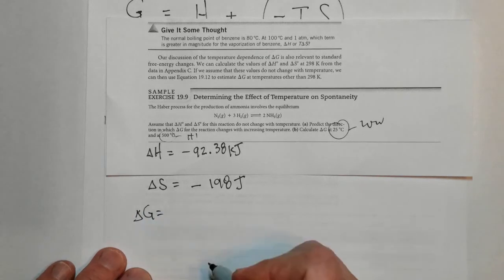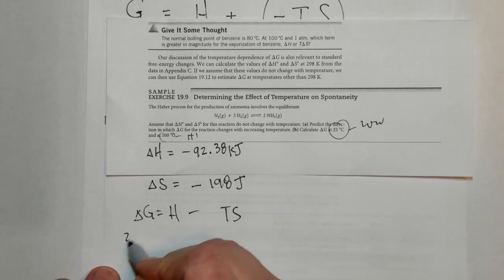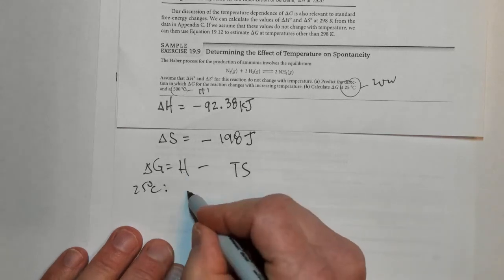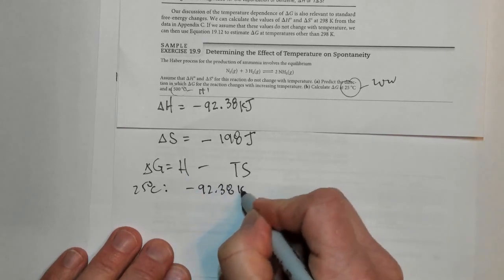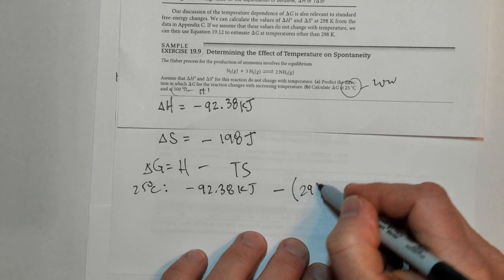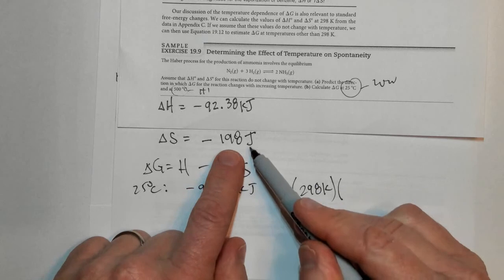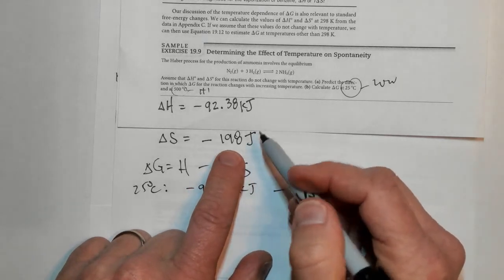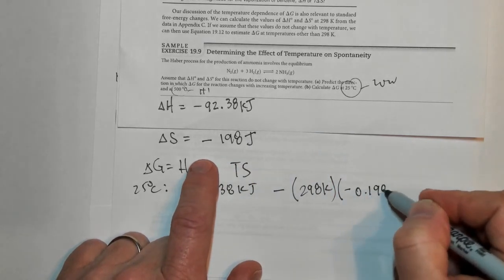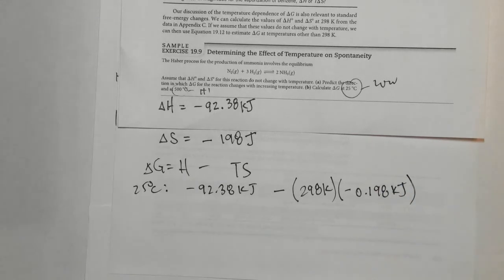Delta G is equal to H minus TS. And for 25 degrees Celsius, we'll take the H at negative 92.38 kilojoules minus T. Now we have to convert this to Kelvin, so that'll be 25 plus 273 times, and we have to convert this from joules to kilojoules, which would be 3 to the left, so negative 0.198 kilojoules to keep our kilojoules and kilojoules in the same units.